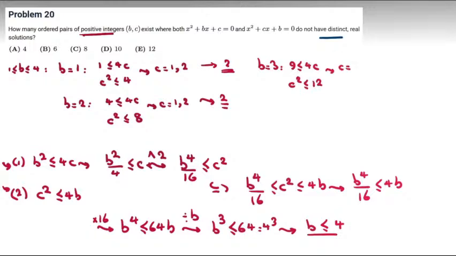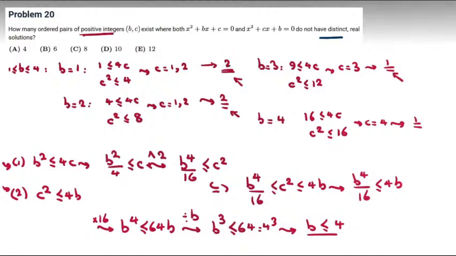So c can be 1, 2, 3, or not possible. So one case. If b is 4, 16 less than or equal to 4c, c squared less than or equal to 16. So the only case for c here is 4. So one case. So 2 plus 2, 4, plus 1, 5, plus 1, 6. So the answer is B.